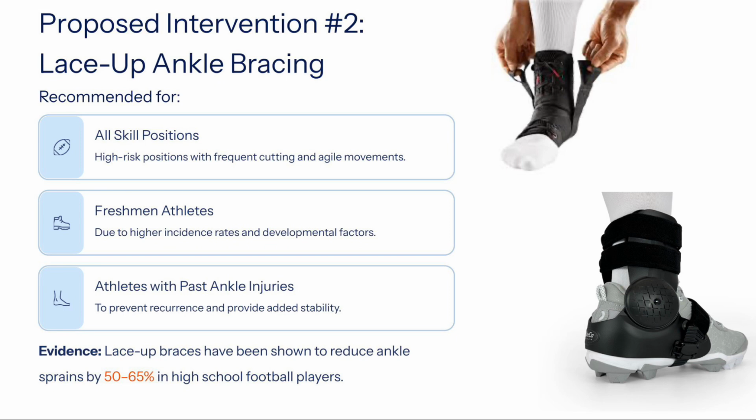The second proposed intervention was lace-up ankle braces. This is recommended for all skilled positions, not just one position overall. High-risk positions with frequent cutting and moving, for example, wide receivers, linebackers, and safeties. Freshman athletes could also use ankle bracing due to their high incident rate and development factors.